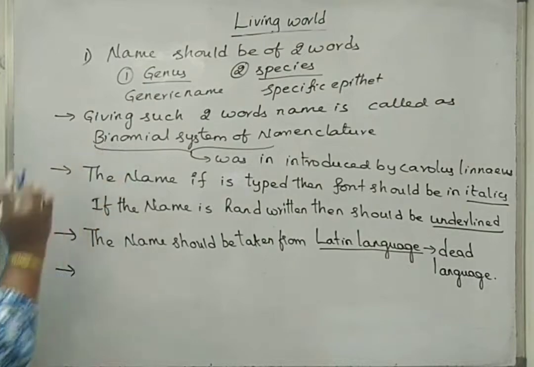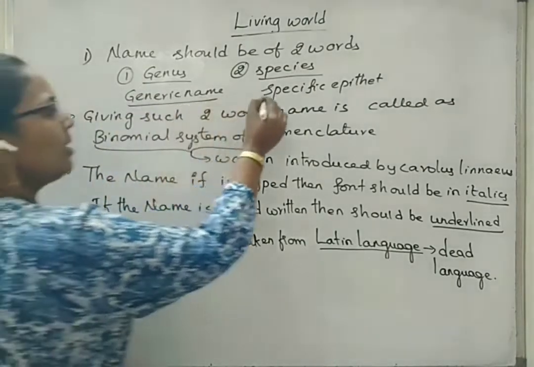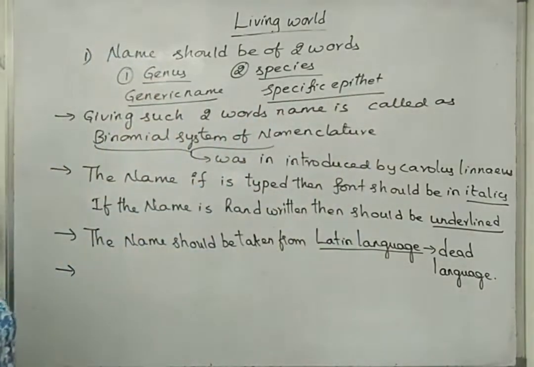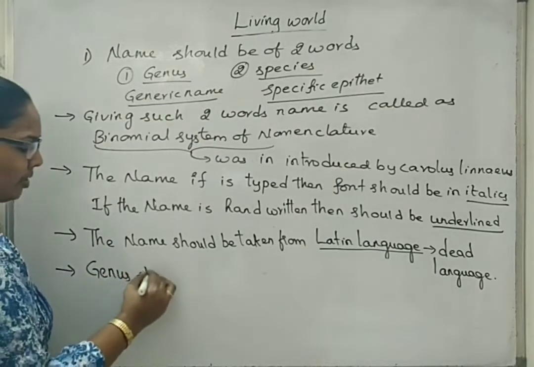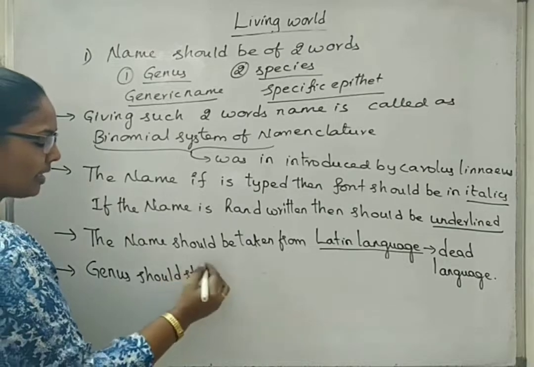Next, here we have used the terms like generic name and specific epithet or species name. Genus or generic name should start with a capital alphabet.